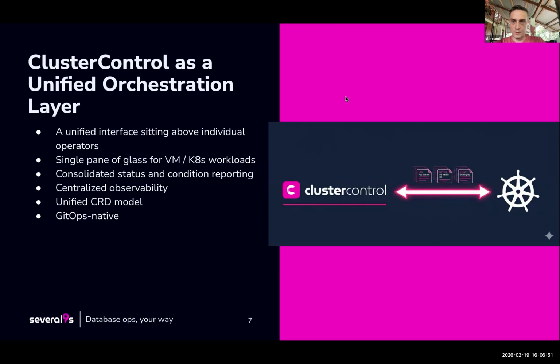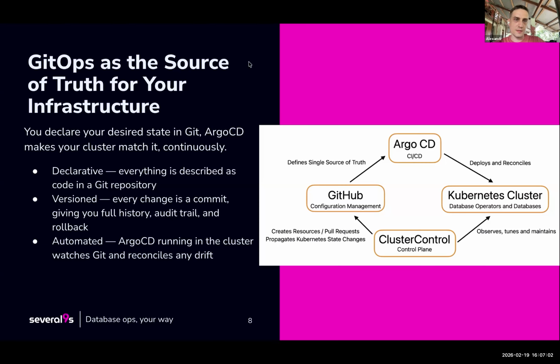I will explain what GitOps is on the next slide. GitOps is a set of techniques for using Git as a primary source of truth for the infrastructure. You declare the state that you expect in Kubernetes, and Argo CD will make sure it's applied and reconciled correctly.